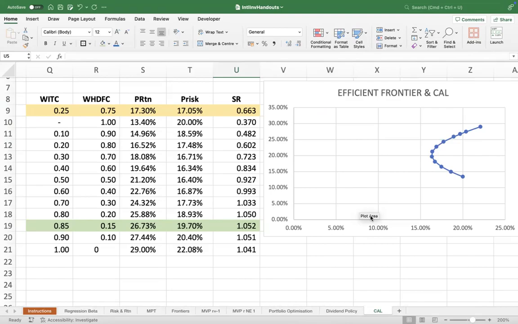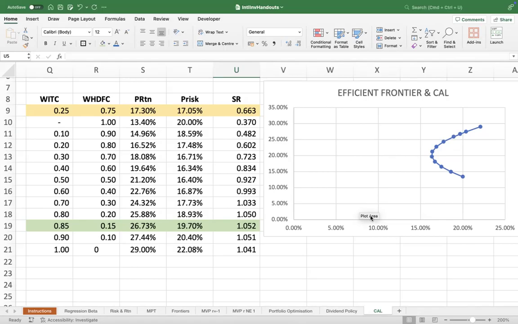There are so many risk and return combinations. But is the portfolio optimal in all the combinations? No, only one combination where I put 85% of my money in ITC and 15% of my money in HDFC Bank. Then I get an optimal portfolio because that's the point where my Sharpe's ratio is maximized.